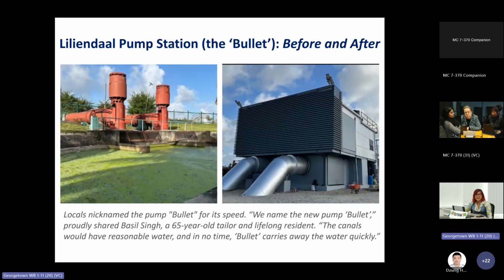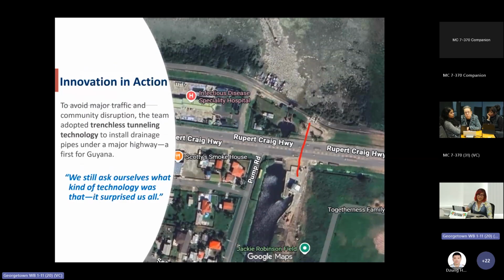We've seen this bullet before, but one interesting tidbit was that because the Liliendal pump station is on the southern side of Rupert Craig Highway and the outfall is on the northern side of Rupert Craig Highway, and Rupert Craig Highway is the most important east-west transport artery connecting the coastal regions of Guyana, disrupting this traffic in a period of high economic growth, high logistical needs would have been completely unpalatable.